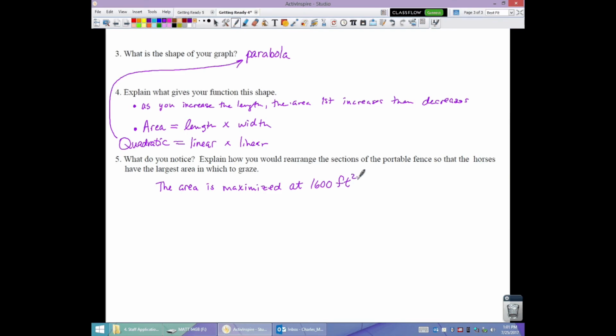And that happens, this answers the second part, explain how you would rearrange it to get the largest area, when the fence is arranged as a square. Okay. When your length and width are equal, or as close to equal as is possible. If we're doing another problem, it might not be possible to get exactly a square, but the closer the length and width get to being the same number, the larger that area gets.